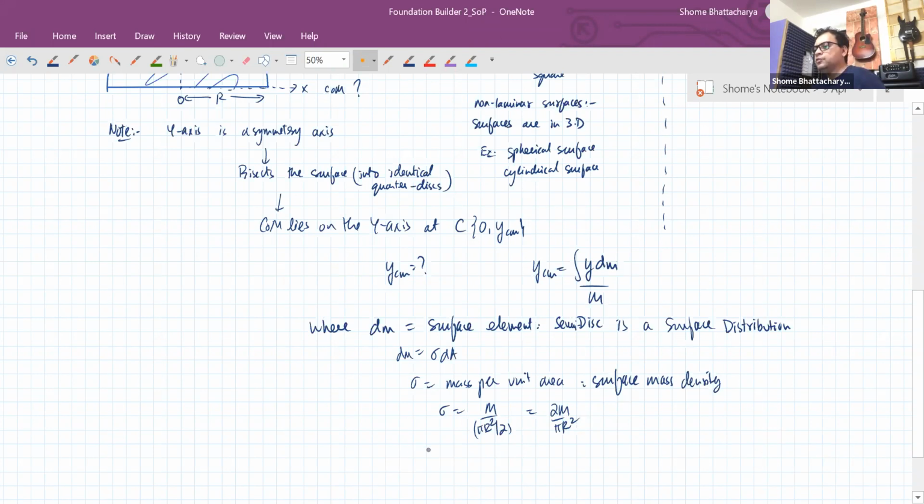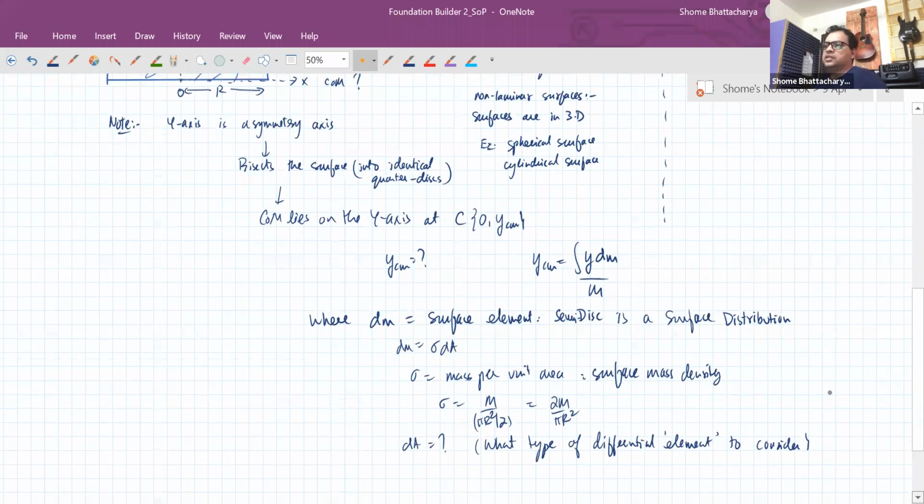But now for dA, we have to understand what type of differential element to consider, so that we can substitute properly. For this we have two options.